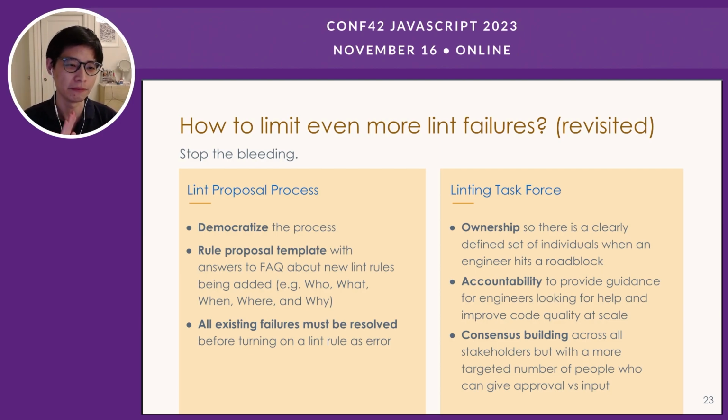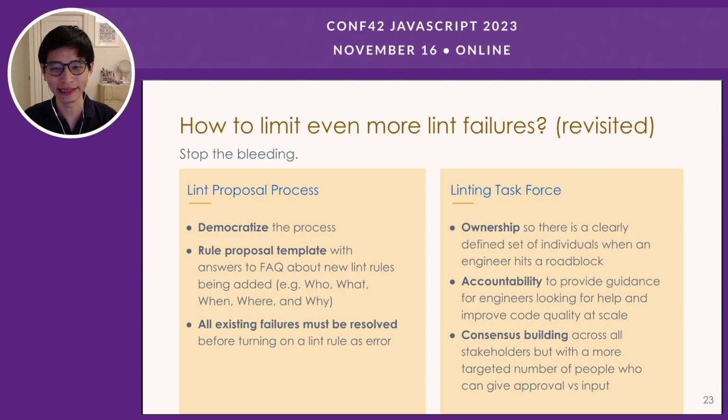So the proposal process made sure that all existing failures must be resolved before enabling a lint rule as an error. You can enable it as a warning, you can solicit feedback and stuff like that, but before it's an error, all existing failures must be resolved, unless you had a very, very good reason.